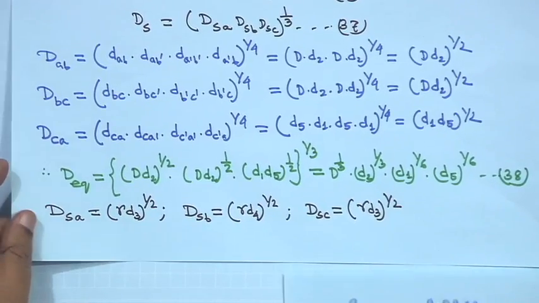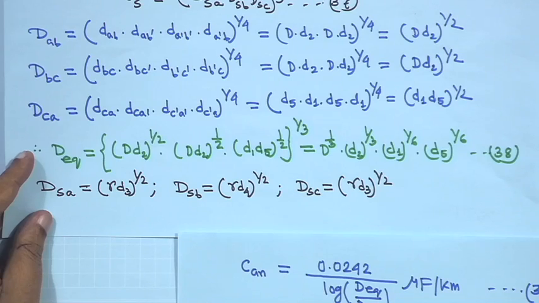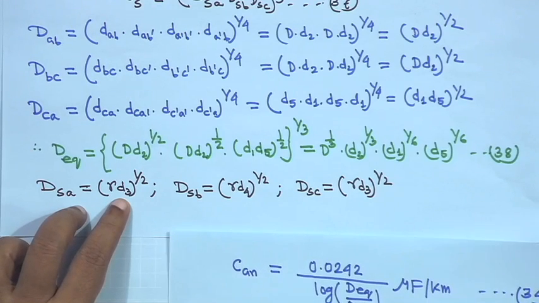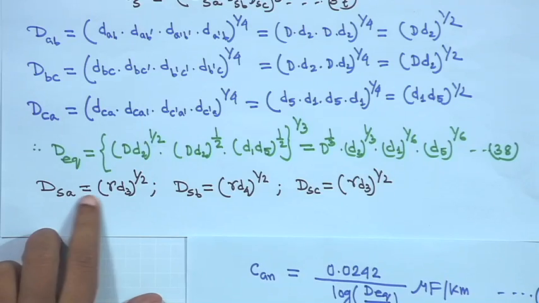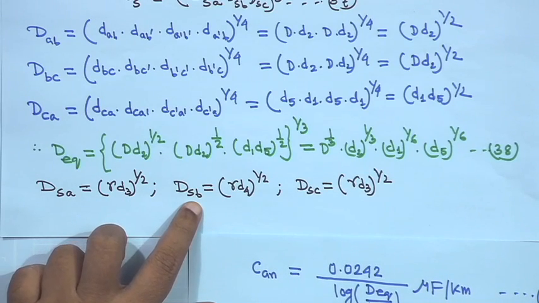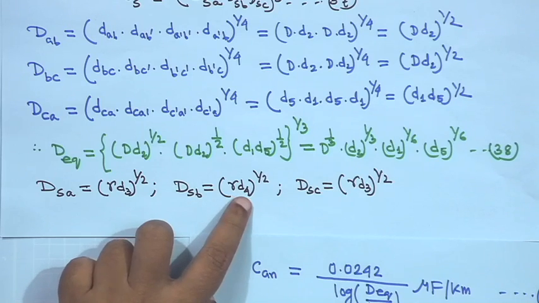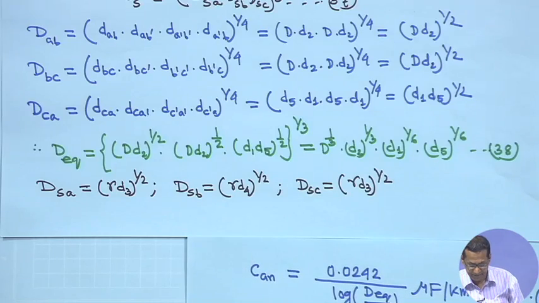Similarly, DSA, if you take it from the symmetry only, will be R into D3 to the power half. DSB will be R D to the power half, and DSC will be R D3 to the power half, right.